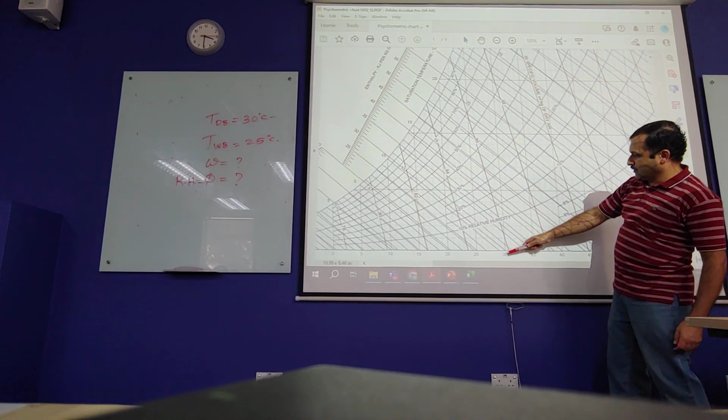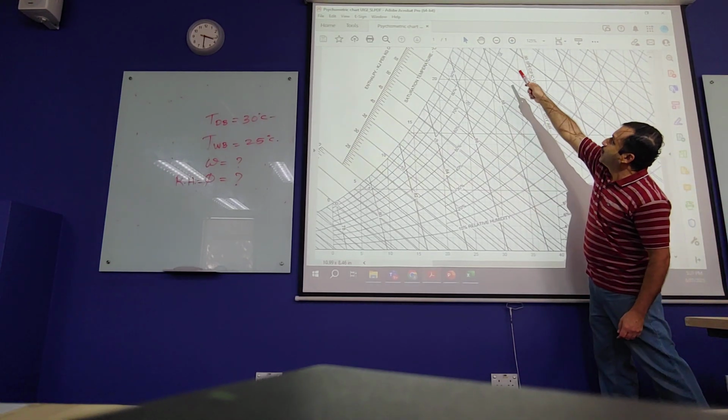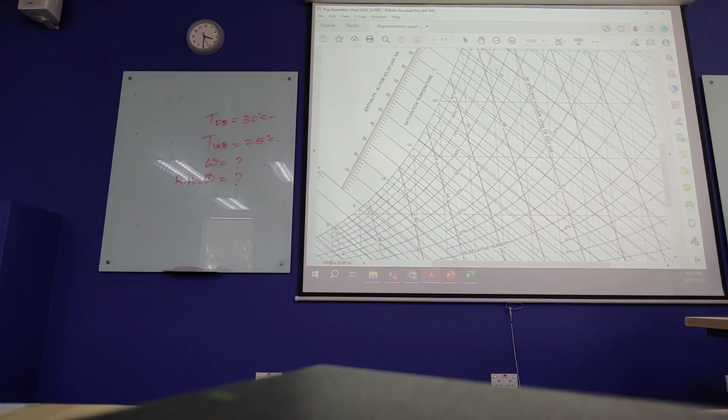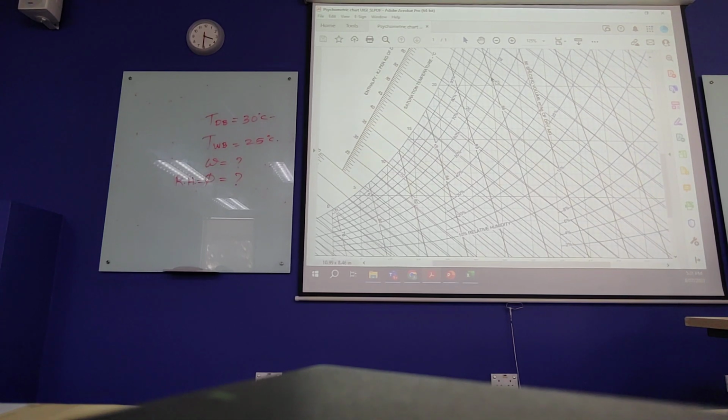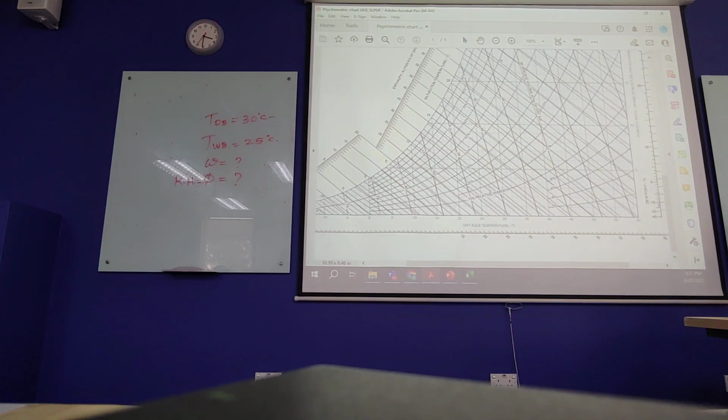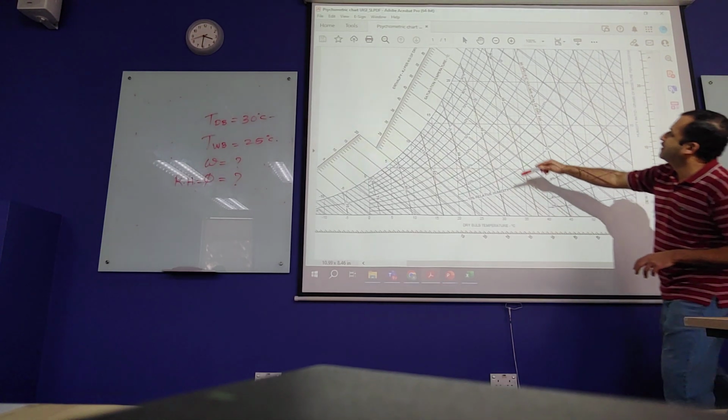So 30 going up and 25 right at that point where they intersect each other. So mark off a little bit, and that was this thing. Am I reading it right?